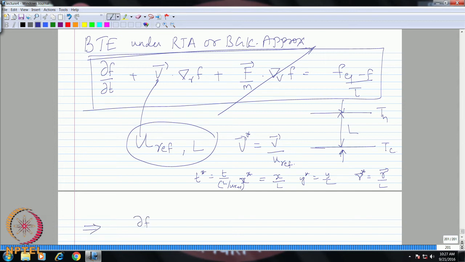So, you have the final non-dimensional form: df by dt star plus v star dot gradient in r star of f. On the right hand side we have f equilibrium minus f by tau. So, what else will be there?